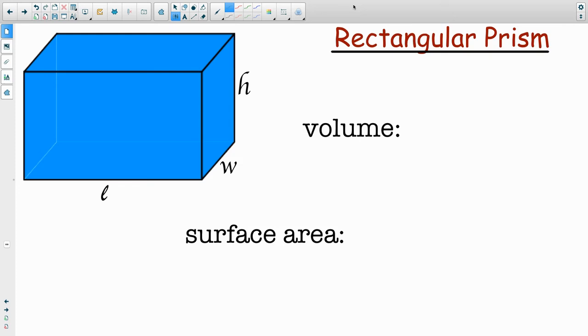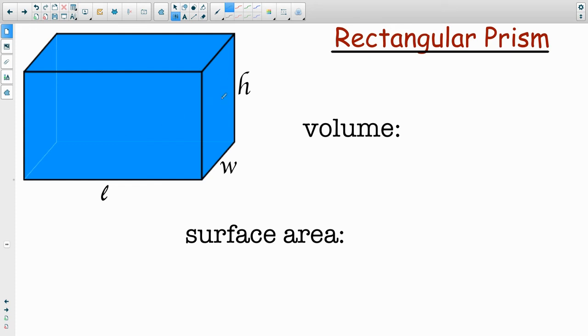So a rectangular prism is a unique type of prism because if you looked at a box from any different perspective, and you looked at the rectangle in the front, and then looked at the back of that box, that rectangle is exactly the same size. So it's a prism in that direction.